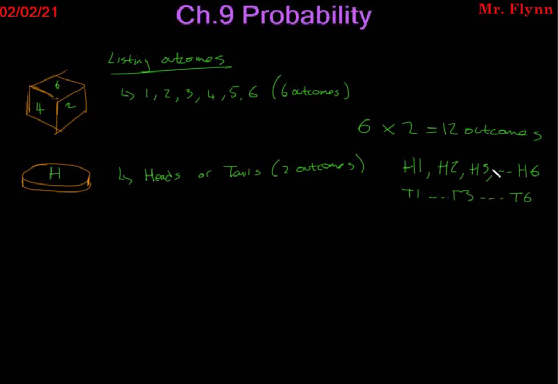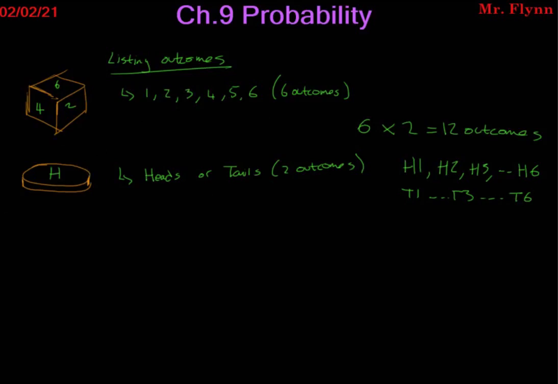You wouldn't dot them all the way along, you would fill them in, but that would be your 12 possible outcomes of this combined event. So that's simply revising what listing outcomes is.